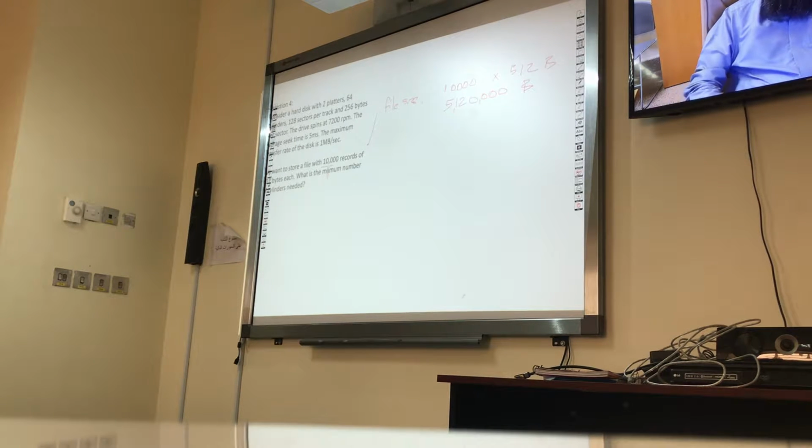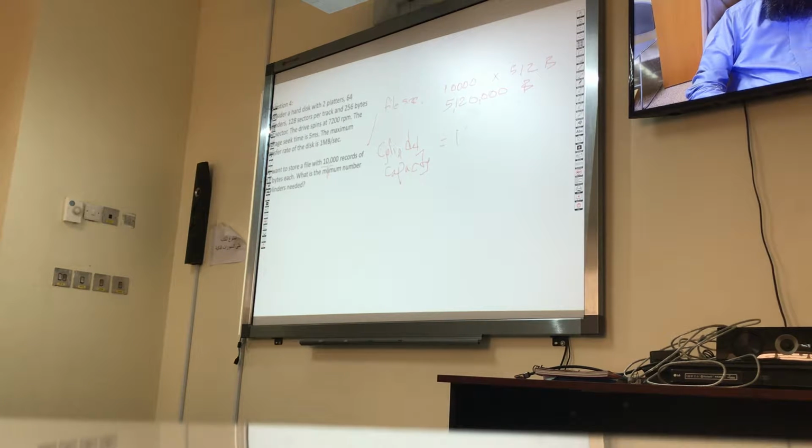And now I want to know how many cylinders. So let's think of cylinder capacity. What is the cylinder capacity here? Yes, exactly, very good. It's track capacity multiplied by the number of surfaces.